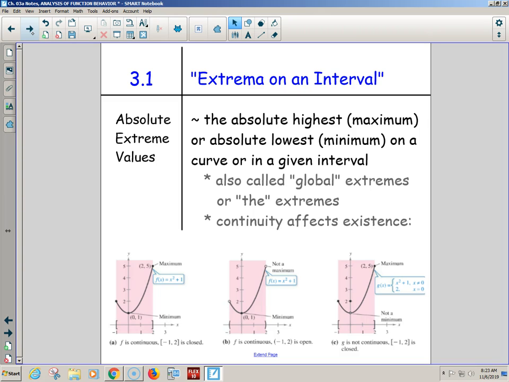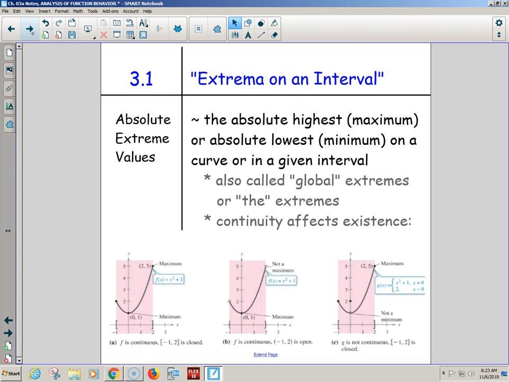Okay. So, starting off with absolute extreme values. This is what you guys are taking notes on. Absolute extreme values. Extreme, isn't this an adjective? Yes. What kind of values? Extreme values. But what's this?